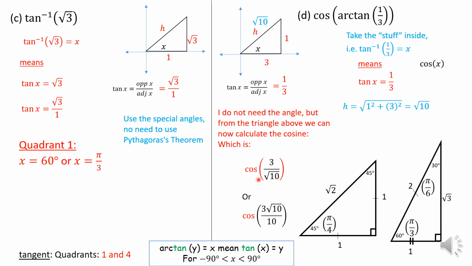So the answer could be written as cos of 3 over root 10, or you can rationalize that denominator as cos of 3 root 10 upon 10. And this is how that question is asked. It's a little bit different than the rest, but it is relatively straightforward if you think about it.